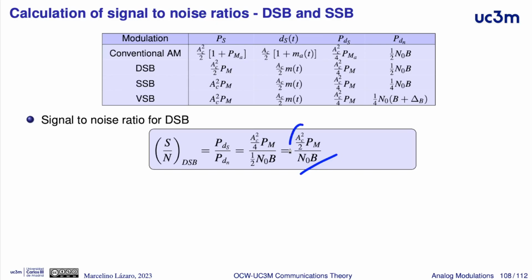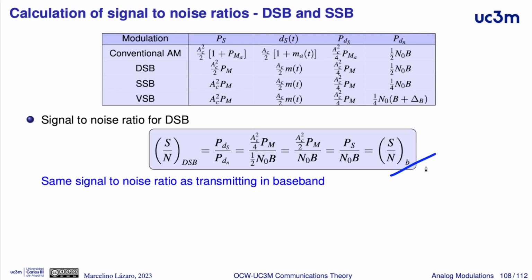And what we have here in the numerator, half of the square of the carrier amplitude times the power of the modulating signal, is just equal to the power of a double sideband modulation. Therefore, we can write the signal-to-noise ratio for the double sideband as PS divided by N0 times B, which is equal to the signal-to-noise ratio that we have in a baseband transmission.